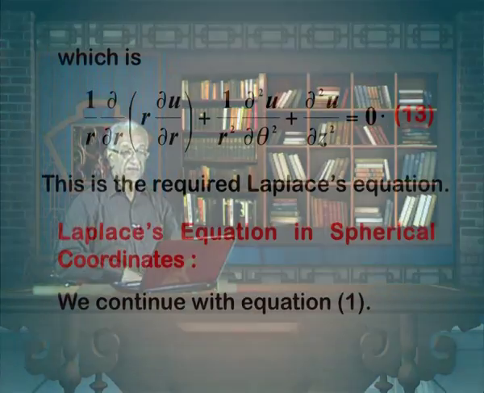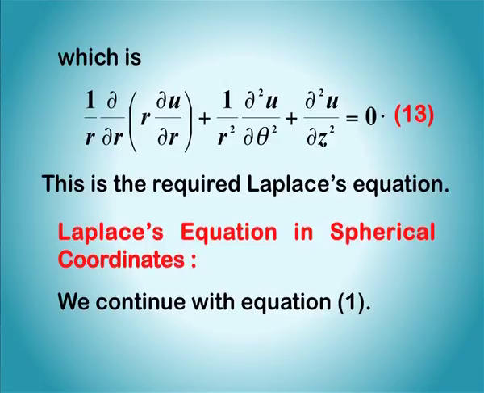We get this in a very compact form, which is named equation 13. We write it as 1 upon r ∂/∂r of r ∂u/∂r, plus 1 upon r² ∂²u/∂theta², plus ∂²u/∂z² equal to 0. That is equation 13.